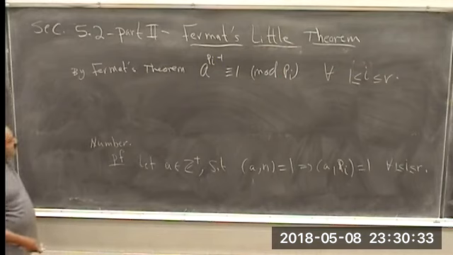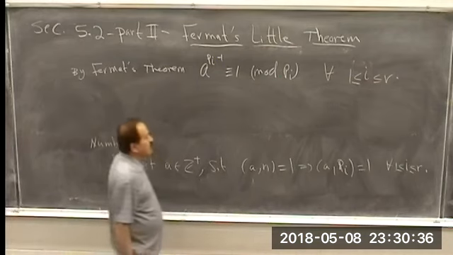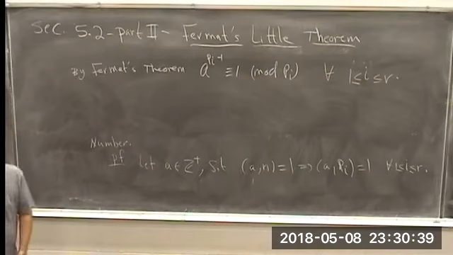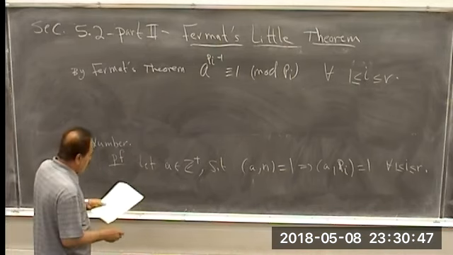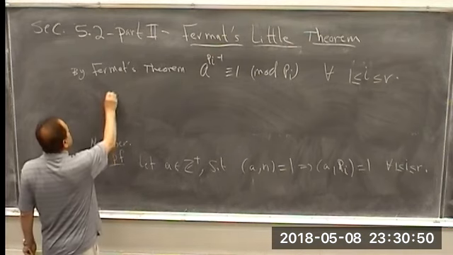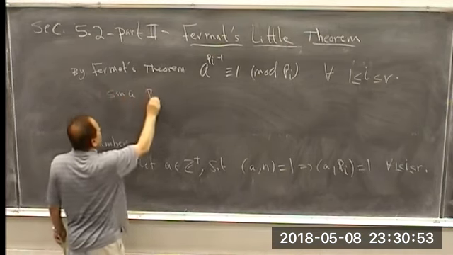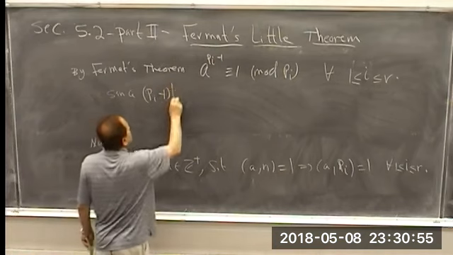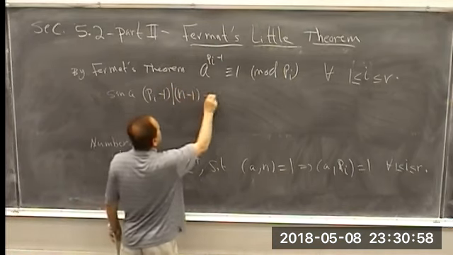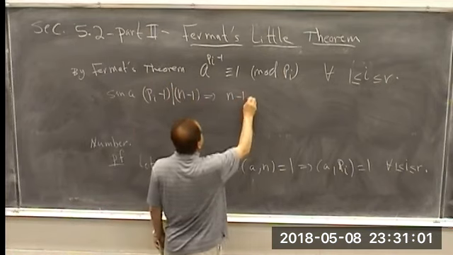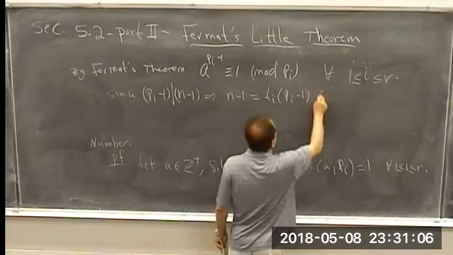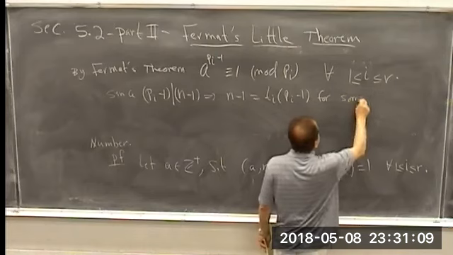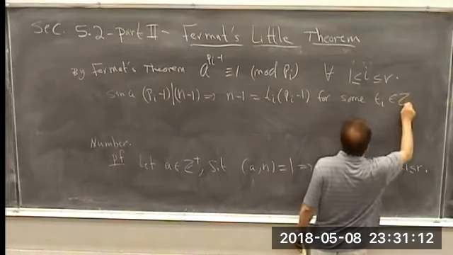Now, we have this condition: since Pi minus 1 divides N minus 1, this implies N minus 1 is equal to Ti times Pi minus 1 for some Ti in Z.